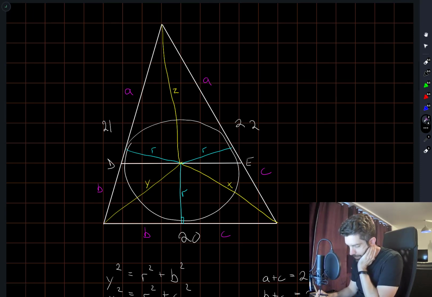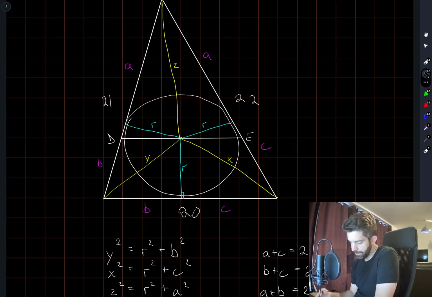In theory, we can find the height of this triangle, right? A little bit of trigonometry. I haven't done anything using the fact that we're parallel here.